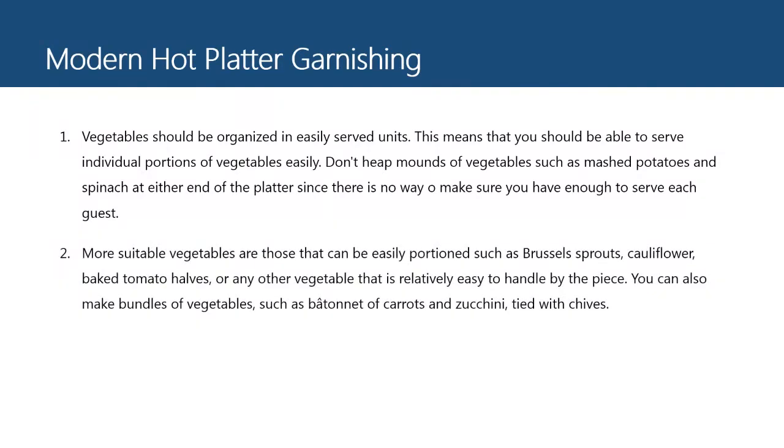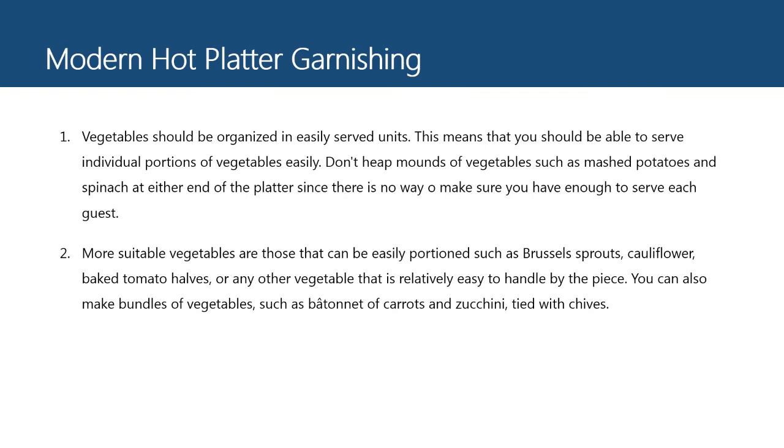Next is, more suitable vegetables are those that can be easily portioned. So ang sinasabi niya, ang pinakamadaling i-portion na vegetables or yung garnish, yung mga buo-buo na vegetables such as yung mga Brussels sprouts, cauliflower, or mga big portions. Mas madali siyang i-plate.